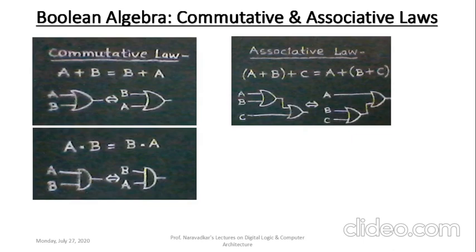And that is equivalently shown as per the equation which is written on the right side, A plus bracket, inside bracket B plus C. Now here A is kept as it is because it is not inside bracket, but B and C are inside bracket B plus C. So you will find that B plus C, which is shown by using one OR gate, the output of B plus C that is connected along with A.